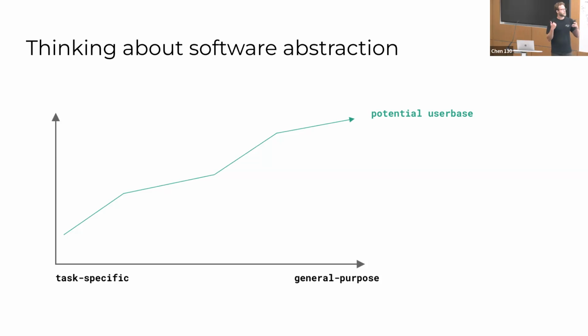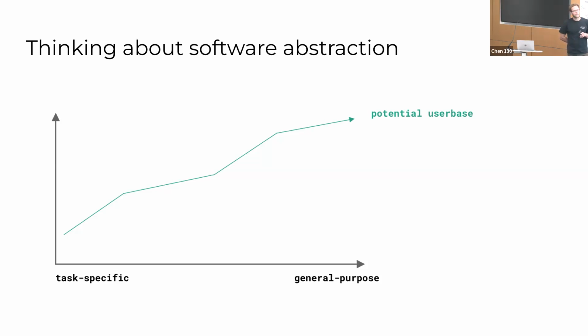As you move to the left, as things become more task specific, that potential user base becomes more niche, a more niche problem. Fewer people have that problem. The potential addressable user base, the aperture, closes a little bit. And the other thing I put here is, when you're about to start any kind of software project and you're trying to assess, is this worth my time?